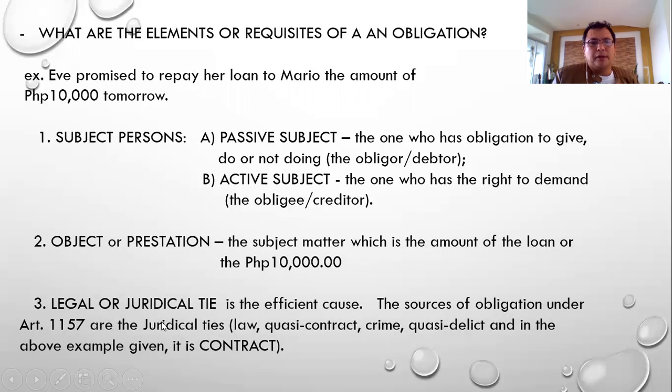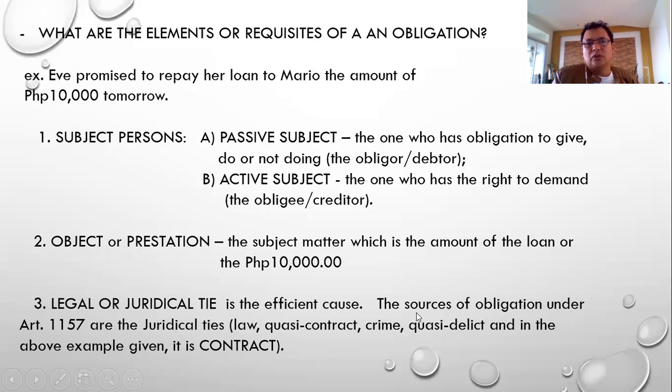And number three, requisite, is that there must be legal or juridical tie, which is the efficient cause. So in this case, the source of obligation or the juridical tie between Eve and Mario is the contract of loan.